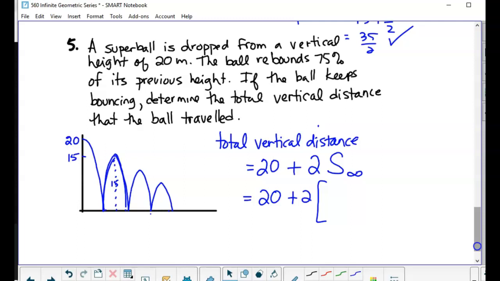Okay, so what's our infinite sum? We've already taken care of the 20, so we're just looking at this.